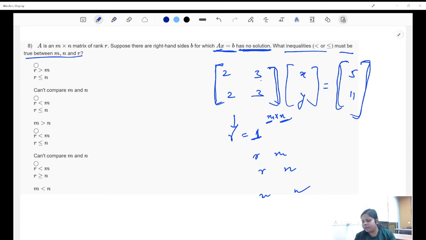If it is not a square matrix, definitely M and N would be different. So I mean, can you guess what can be the answer? And I'll leave this question for your homework as well, but I need to see your response.